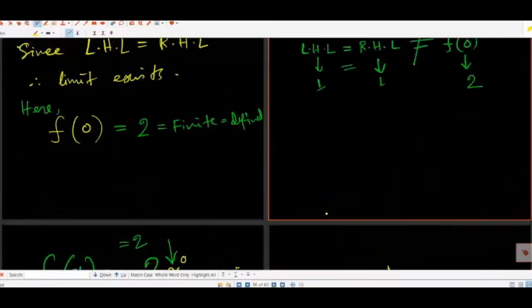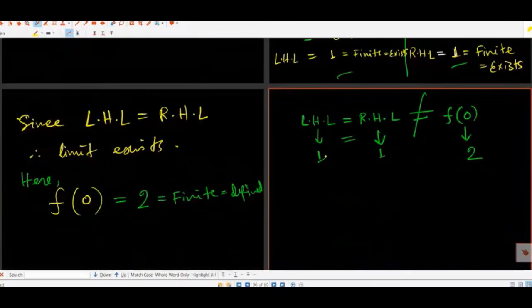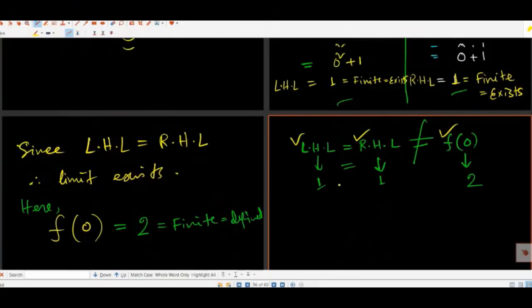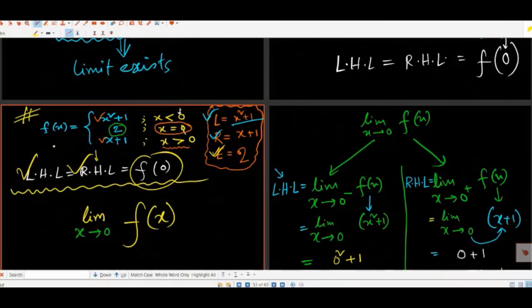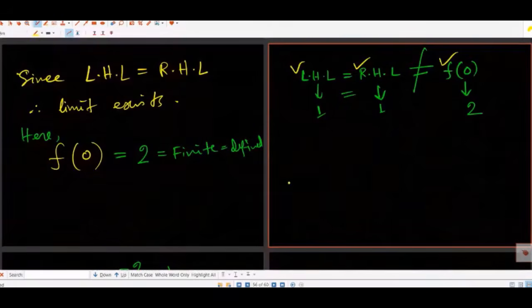Okay, sir. So the question is, what is continuity? The left hand limit and right hand limit are the same, but the functional value is not the same. So we can say that the function that we started with is not a continuous function, this is discontinuous, right? Yes, sir.